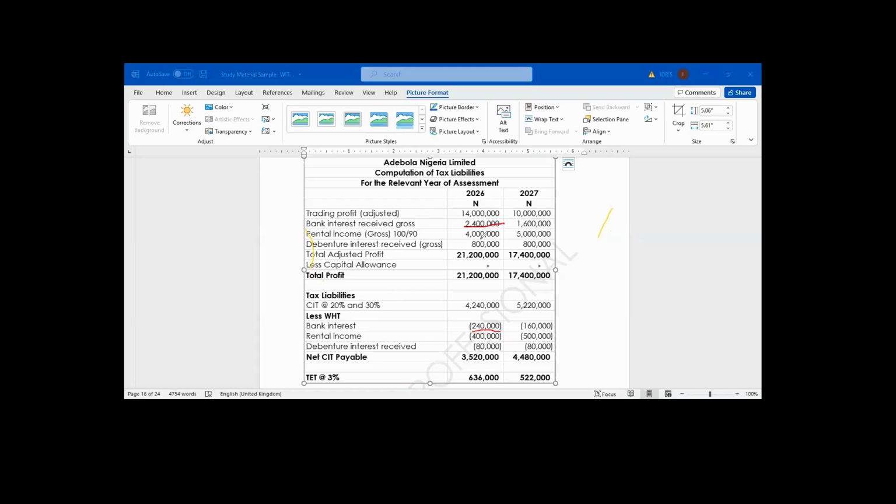Which is how much? 100,000. You also remove it. The pension interest too attracts withholding tax, 800,000. What is the withholding tax rate on the pension interest? 10%. 10% of 800,000 is 80,000.